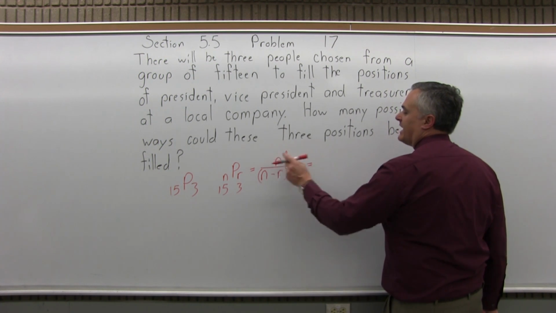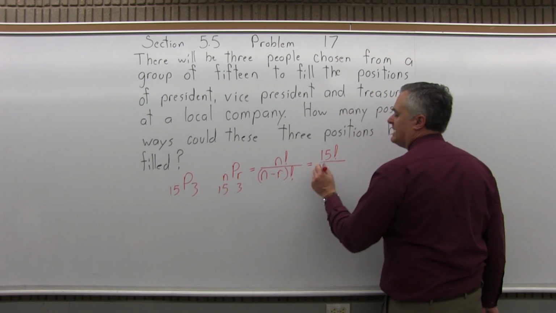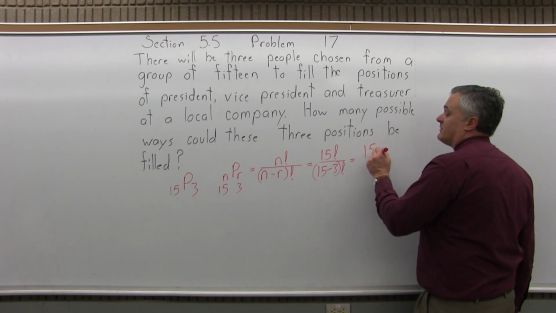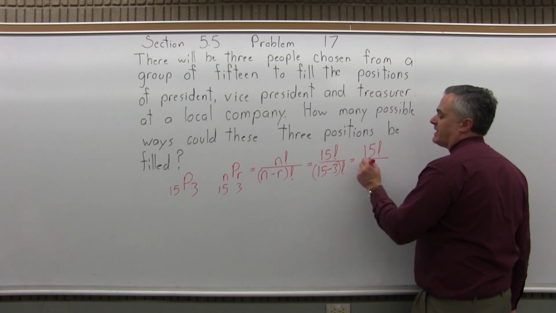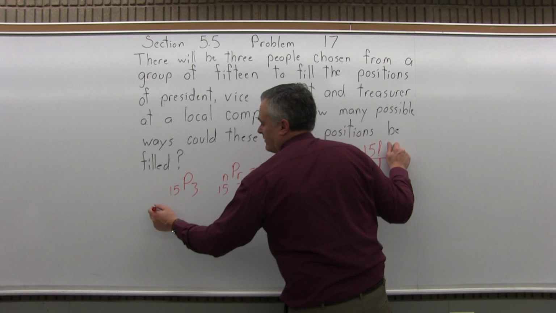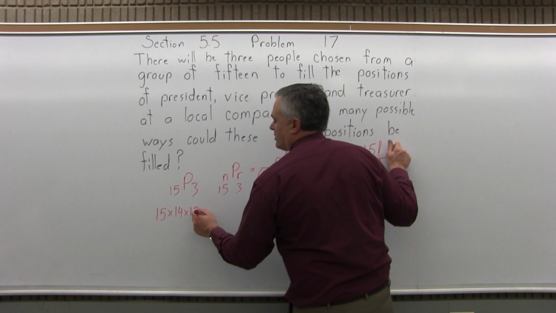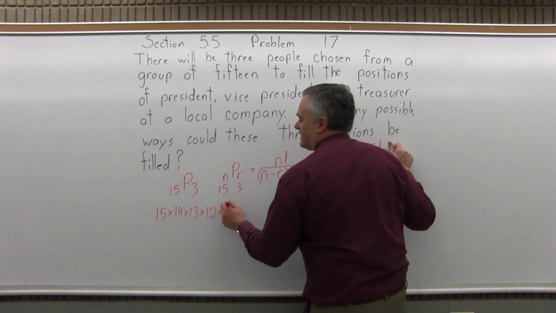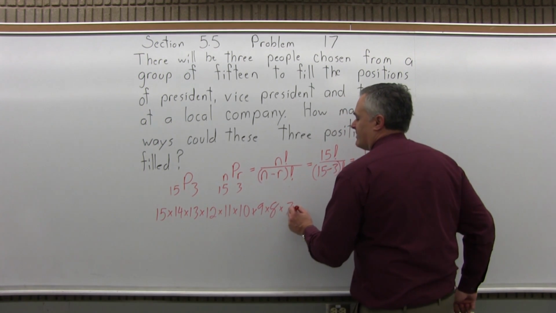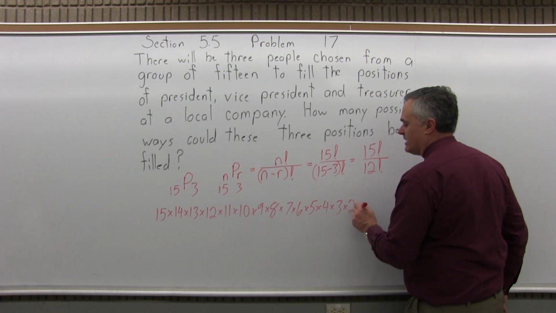So if I fill this in, n factorial will be 15 factorial over n minus r, 15 minus 3 factorial. So the top is 15 factorial, and the bottom, 15 minus 3, is 12 factorial. So if you do the factorial for the top, 15 factorial will be 15 times 14 times 13 times 12 times 11 times 10 times 9 times 8 times 7 times 6 times 5 times 4 times 3 times 2 times 1.